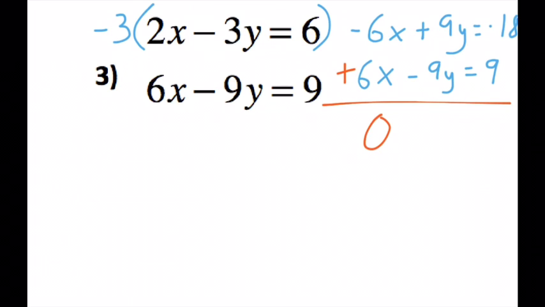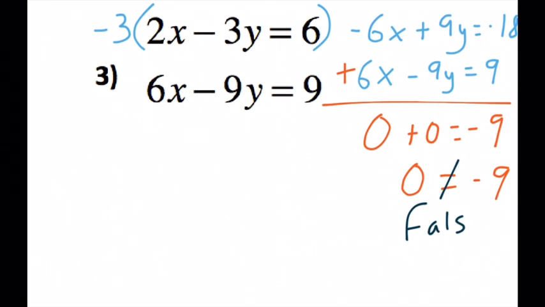I get a 9y plus a negative 9y, which is 0, equals negative 18 plus 9, which is negative 9. So I have 0 equals negative 9, which we all know is a false statement. Therefore, our answer is no solution.